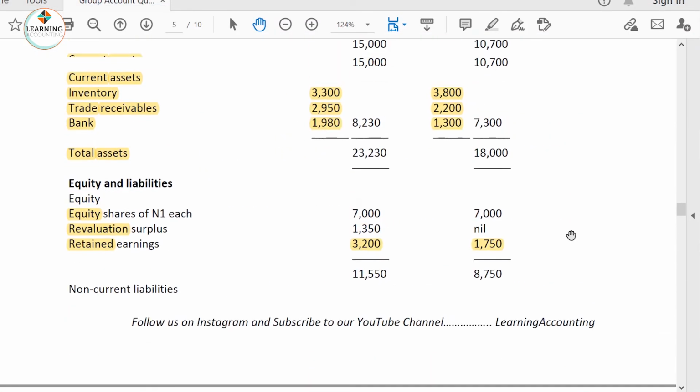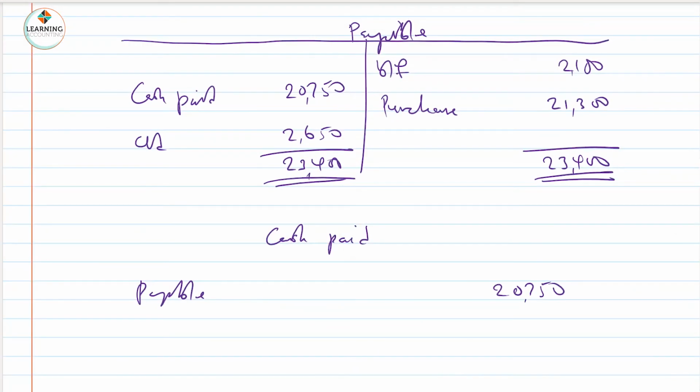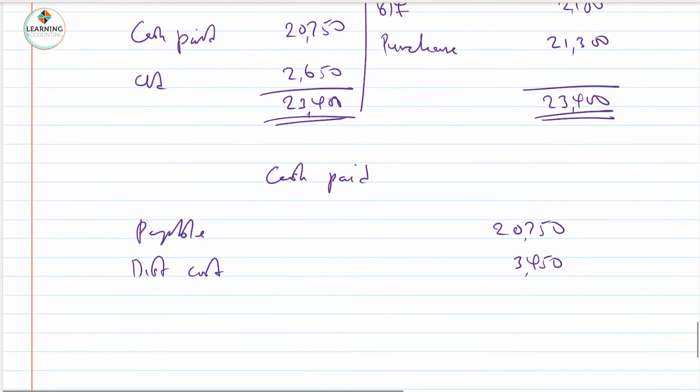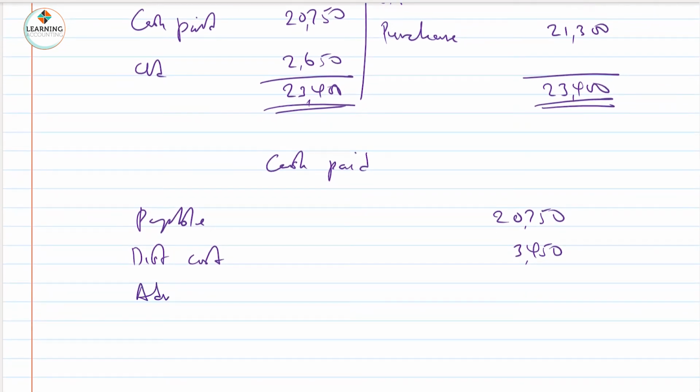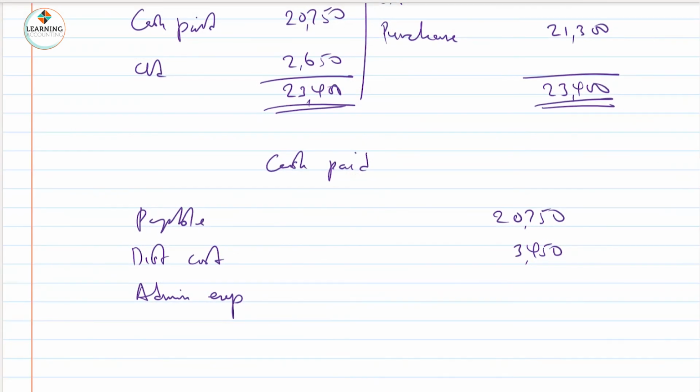We come back to the profit or loss. We have distribution cost 3,450. Like I said, we should assume they are paid already. We have admin expense, we have it to be 2,002.